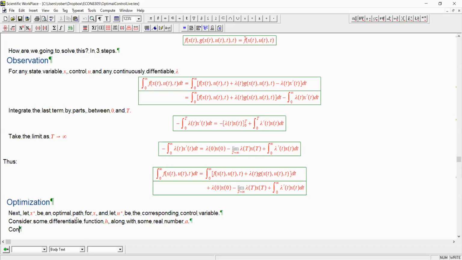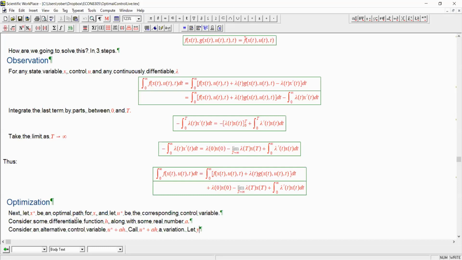So consider an alternative control variable u star plus a times h. Of course, if a is 0, then we have u star itself. If a is small, then whatever h is, we're still not far away from u star, and so we're going to call u star plus ah a variation on u star.